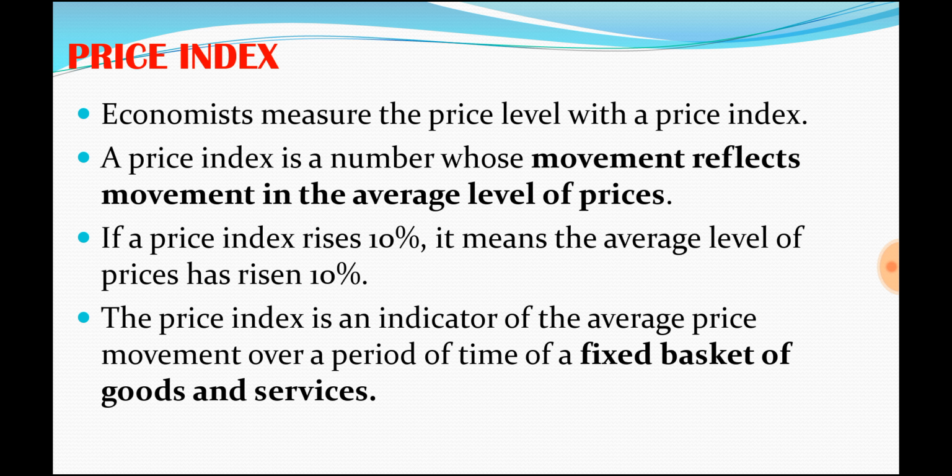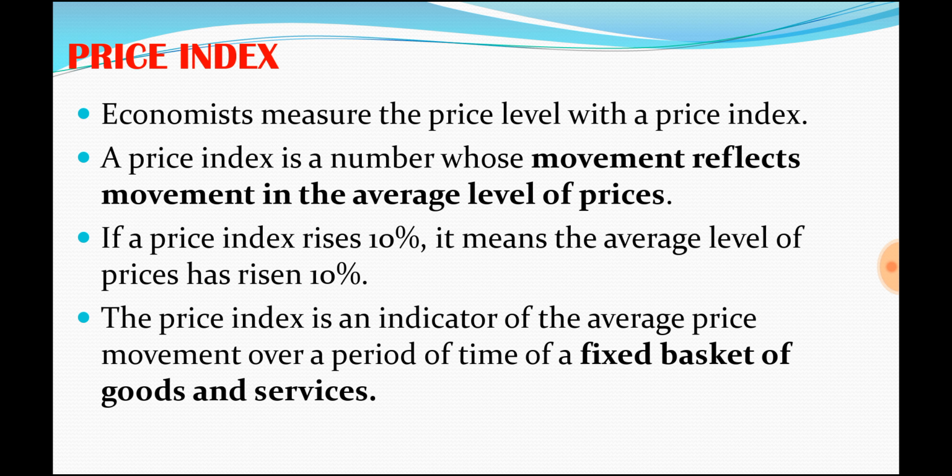Basically, economists measure the price level with what is known as a price index. They have developed some price indices. A price index is a number whose movement reflects the movement in the average level of prices. If a price index rises by 10%, it means the average level of prices has also risen by 10%.